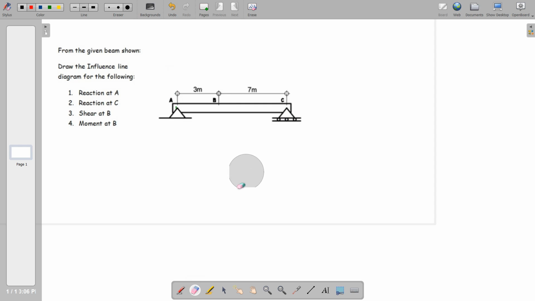For the reaction at C, similarly we're going to remove this support.